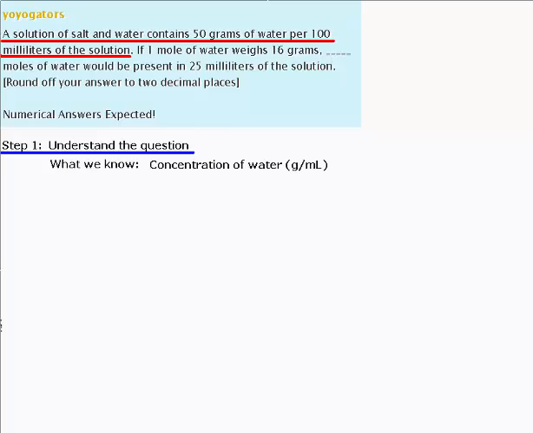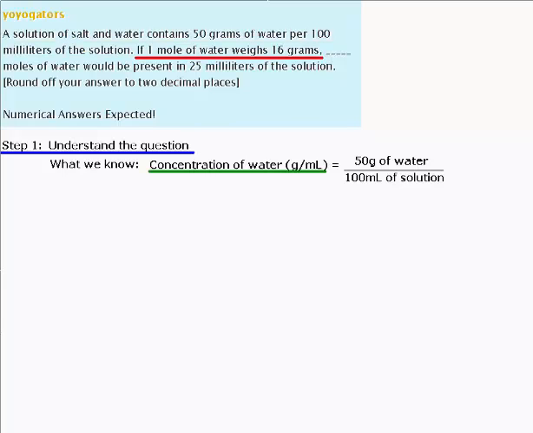So in other words, the concentration of water within the solution is 50 grams of water per 100 milliliters of solution. We also know that 1 mole of water weighs 16 grams. In other words, the molar mass of water is 16 grams of water per 1 mole of water. That is, for every mole of water, the weight of water is 16 grams.